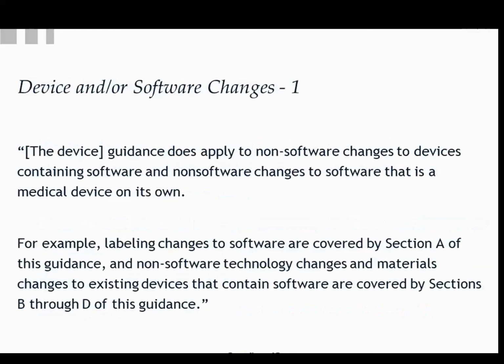Now, device guidance refers to non-software changes. If you're dealing with a product that has software and you're making changes to both software and hardware, you'll have to consider both guidance documents. But the principles underlying both those guidance documents are the same, and they're pretty much what we're covering here.